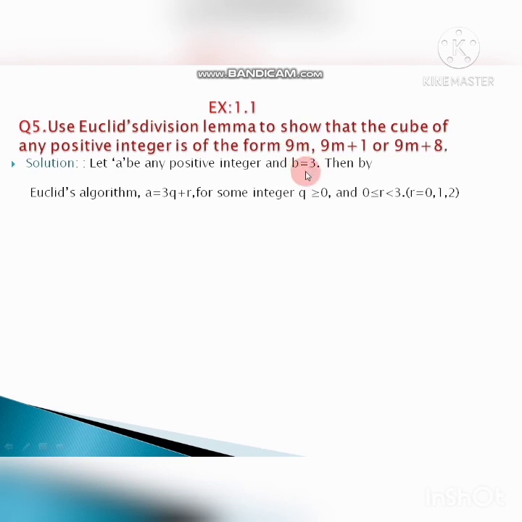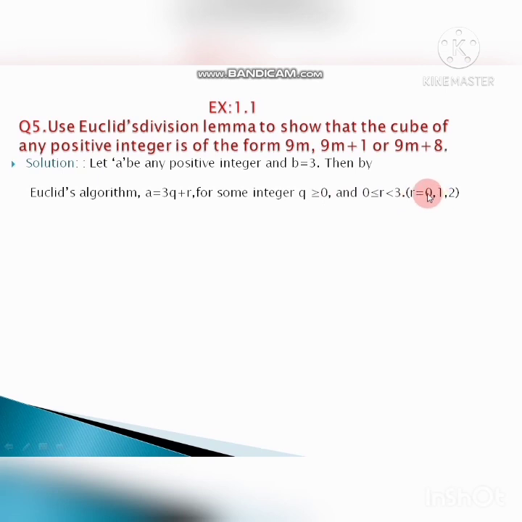Then by Euclid's algorithm, a is equal to bq plus r, but we have taken b as 3, so at the place of b substitute 3, so it becomes 3q plus r, for some integer q greater than or equal to 0 and remainder r greater than or equal to 0 and less than 3.